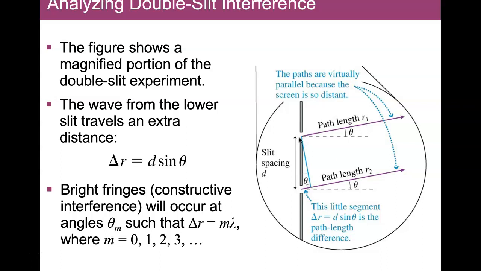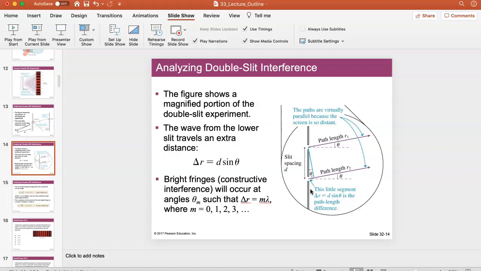If I draw a line perpendicular from the top source to this line at angle theta that comes out of the bottom source, in this triangle, d is the hypotenuse, and this little length here is opposite in angle theta. So let's call that delta r, and then delta r over d is going to be sine theta.